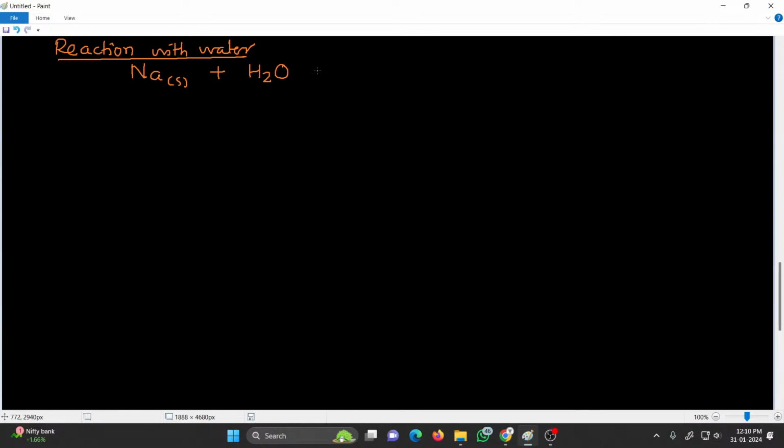When sodium is reacted with water, it doesn't stop at the formation of oxide, but it ultimately forms its hydroxide along with the evolution of hydrogen gas. Again, you can see that hydrogen is odd here, 2 plus 1, 3. So we have to make it even by writing 2 here. That will make 4 hydrogens, so 2H2O and here 2Na.